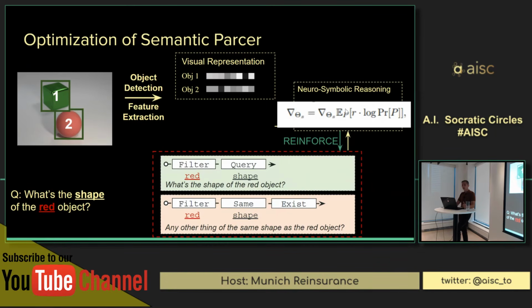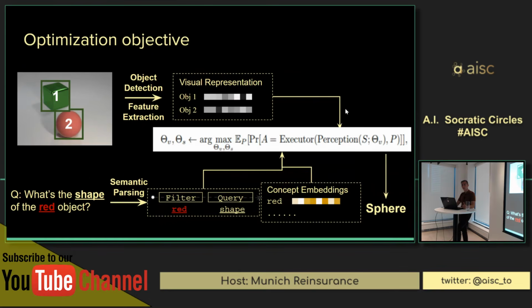Awesome. So to tackle the optimization, do you mind just going back to the previous slide and highlighting what every variable means in the equation? Yeah, so theta_v is for ResNet.